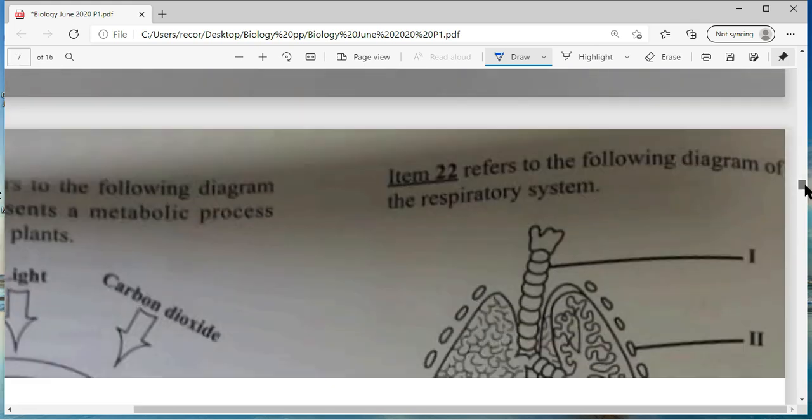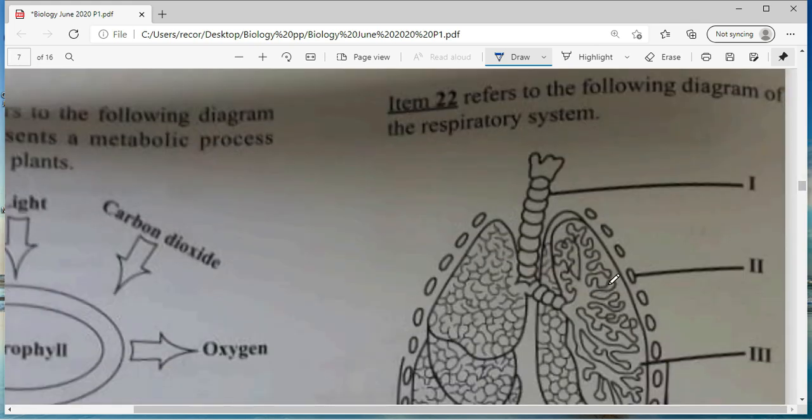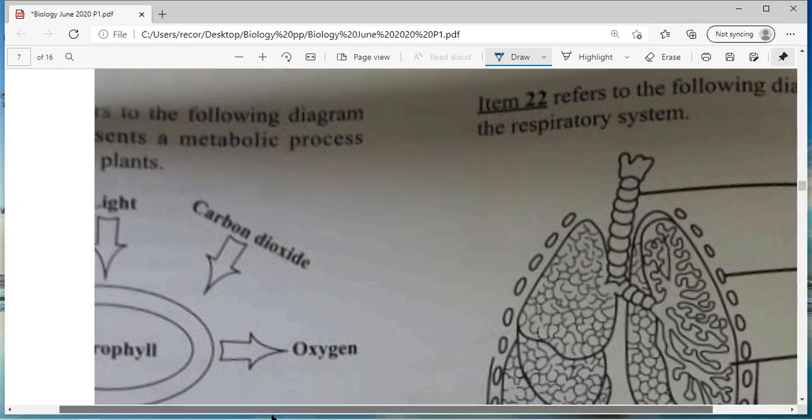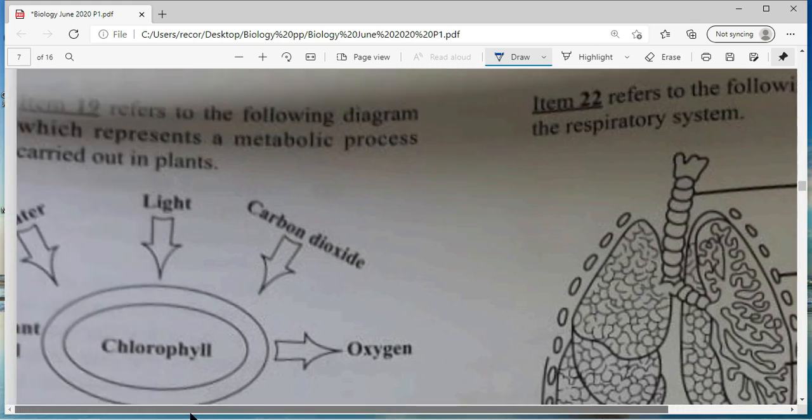We're moving on to question number 19, and this is a repeated question, even on the 2015 specimen paper. It refers to the following diagram, which represents a metabolic process carried out in plants. We have water, light, and carbon dioxide entering, and oxygen leaving.